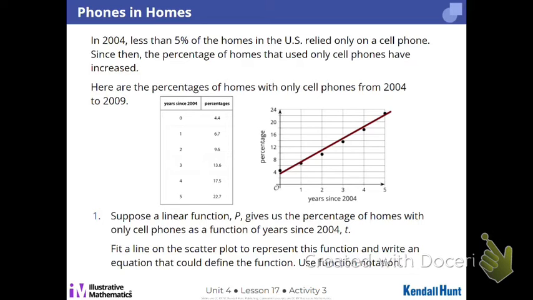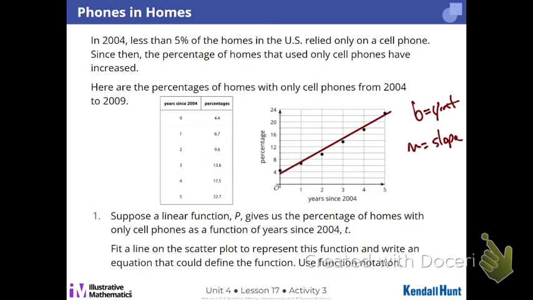Then you're going to work on giving a function for this line. Now, it's been a minute since we've written equations for lines. What are the only two pieces of information you need to write the equation of a line? Give me one, Ivy. The y-intercept. Okay, so b, which is the y-intercept, right? What's the other thing you need? Ava? Slope, which is m.